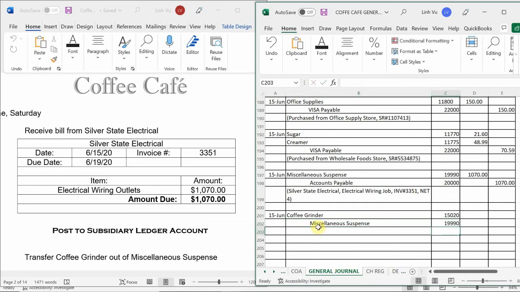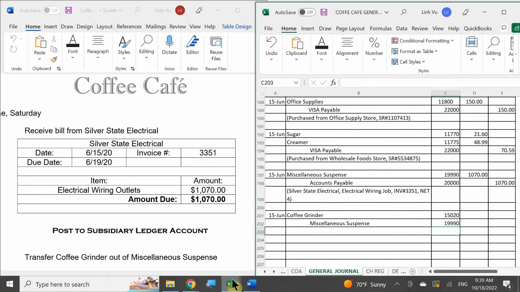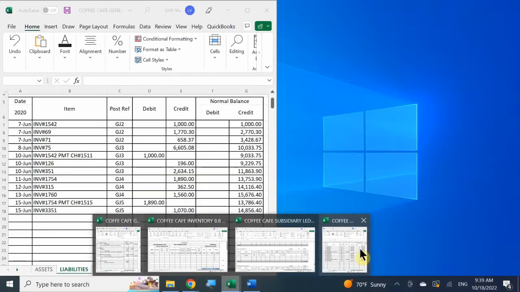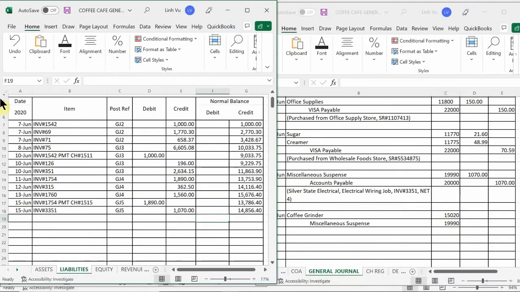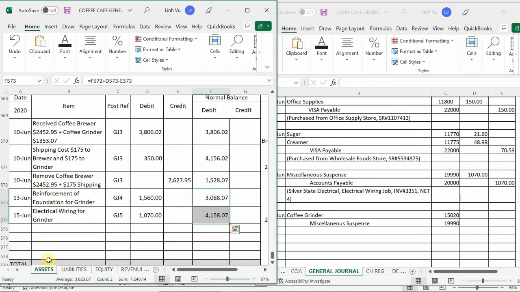Now let's verify how much is actually in my miscellaneous expense account, because I need to know that amount to determine how much I'm transferring out. If I take a look at my track record, we received my coffee brewer and coffee grinder.